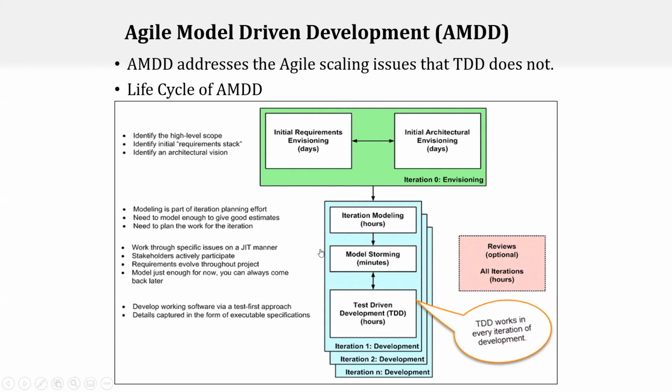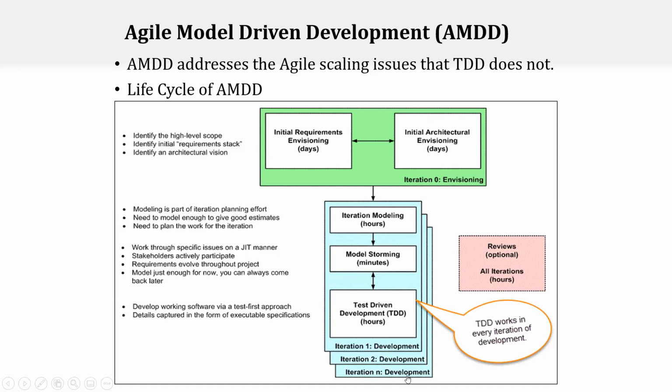One more point to be noted: it is not just one process, it is iterations of process. In this diagram, it is iteration one, iteration two, iteration n. It will be running n number of times.